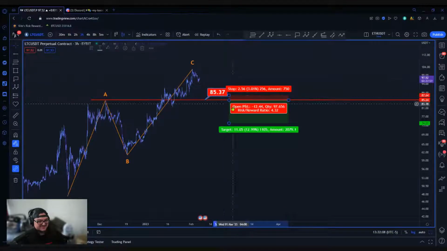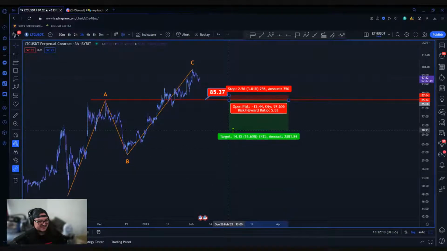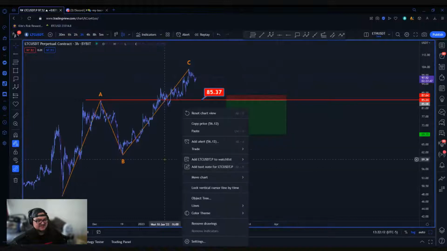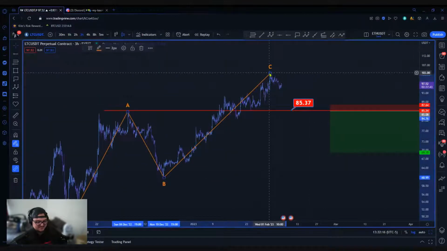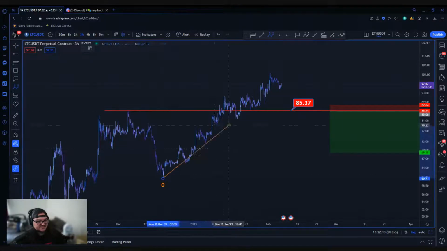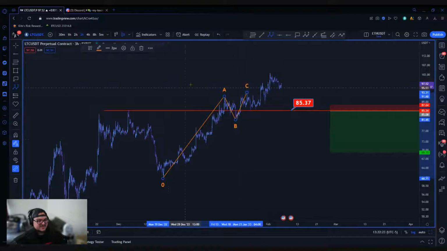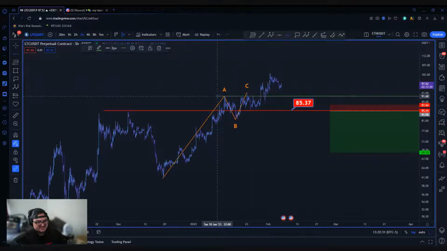All right, so going back to LTC, I did try to take smaller ABCs on the way up. But something I talk about, and this is a good example, is that sometimes it's just good to let go of certain positions because it gets really choppy. For example, we tried taking this ABC.